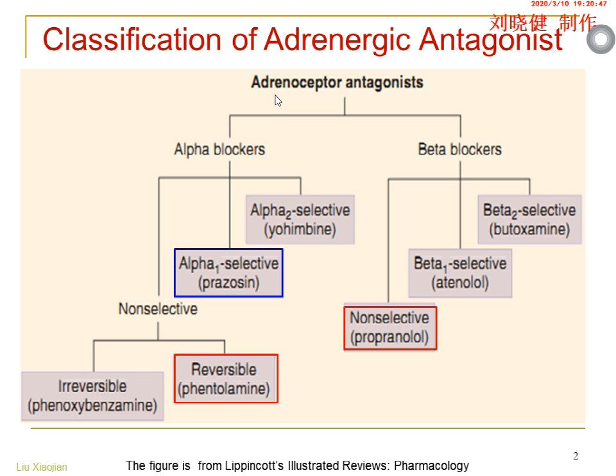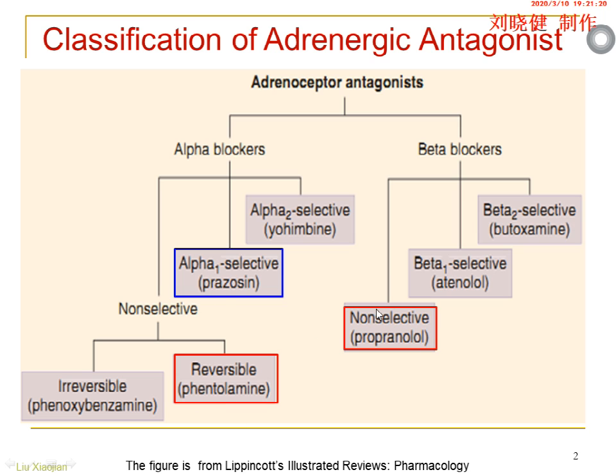And these different families of drugs can also be divided into non-selective alpha receptor blockers and selective alpha 1 or selective alpha 2 receptor blockers. And the beta receptor blockers also include non-selective beta receptor blockers and beta 1 selective or beta 2 receptor selective blockers.